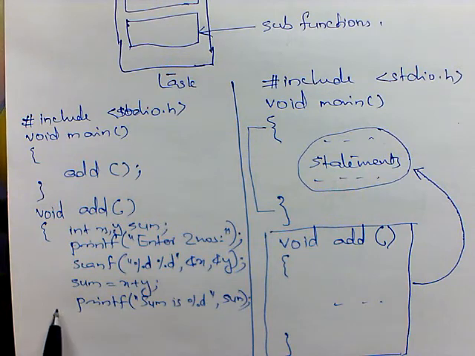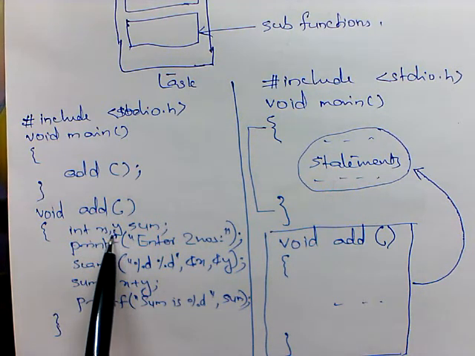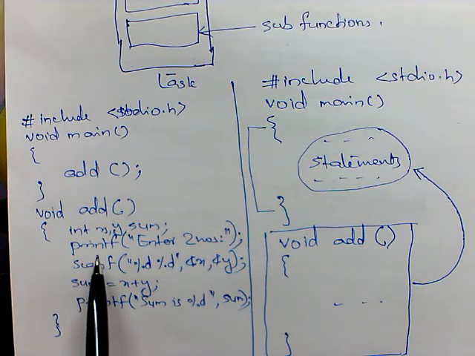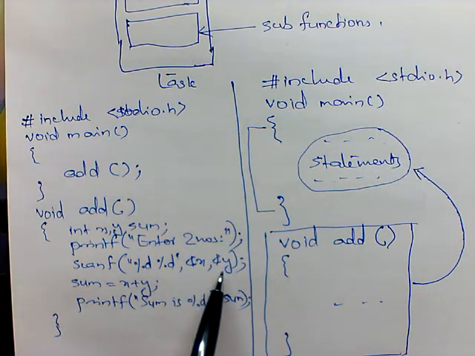Inside the function body, what will we write? We want to read two values, so we define two variables, and we are going to add them to create the sum. So we need three variables in total. printf enter two numbers, scanf %d %d, ampersand x, ampersand y.